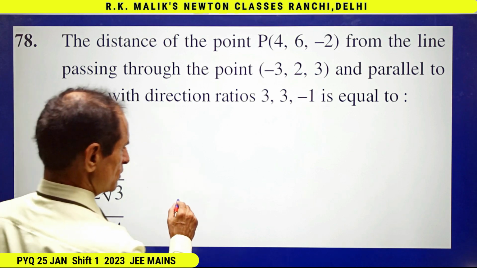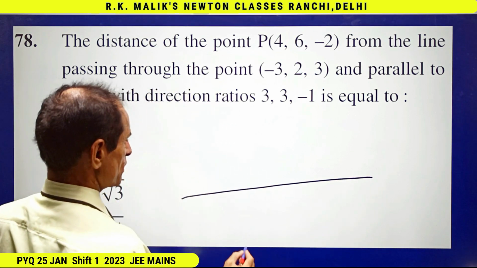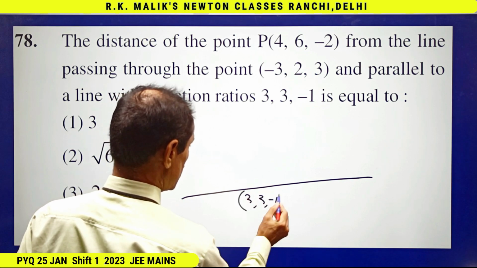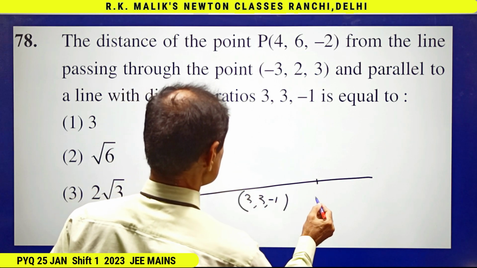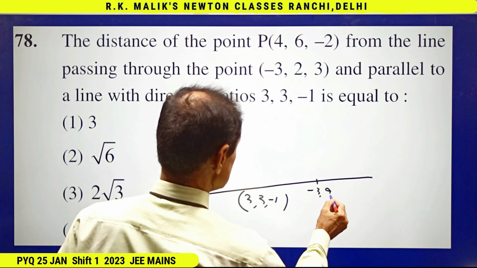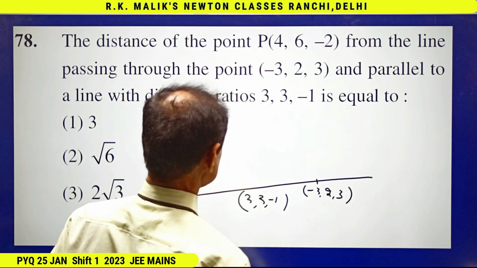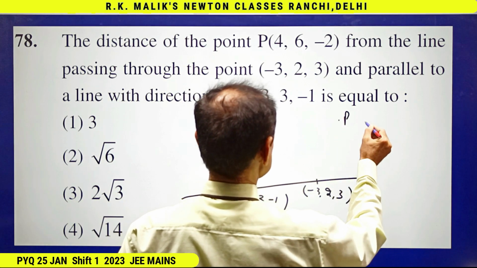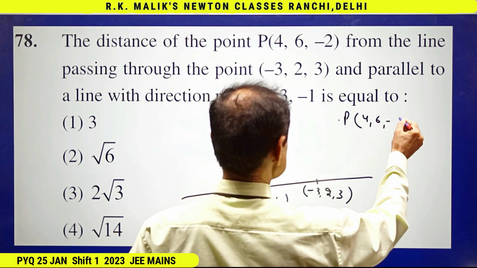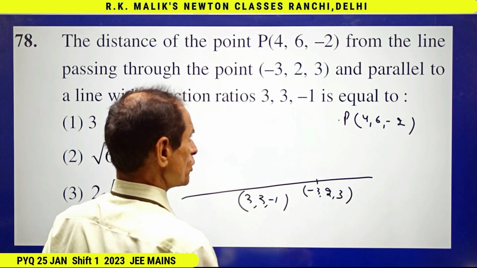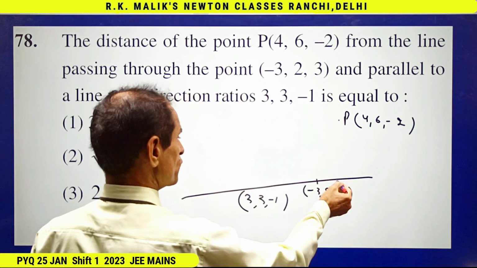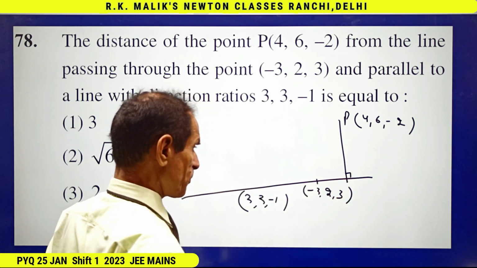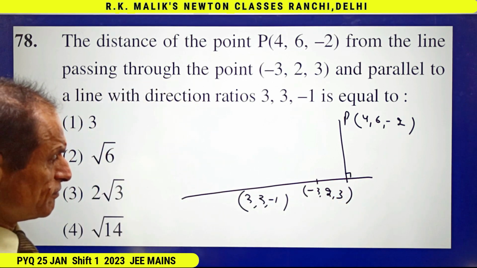According to the question, this is a line having direction ratios 3, 3 and minus 1, and this line is passing through the point (-3, 2, 3), and there is a point P with coordinates (4, 6, -2). You have to find the distance of this point from this line, that is, distance means perpendicular distance you have to find.